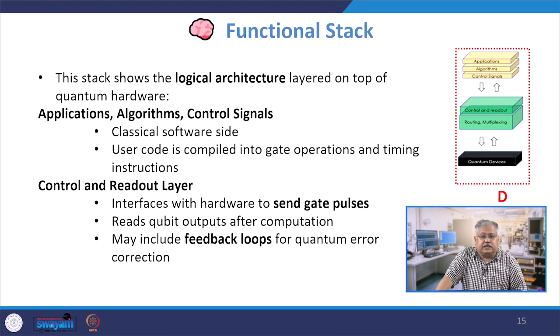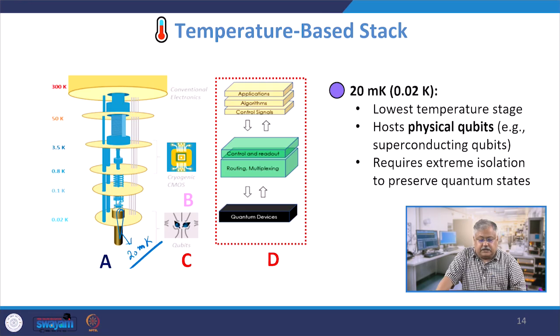Let us look at the functional stack now. We looked into the temperature stack: 300 Kelvin, then going down, 50 to 3.5 Kelvin is the conventional electronics, 3.5 down to 0.8 is where you store certain readout circuitry very close to the qubit, and around 20 millikelvin is the point where you are actually storing the data. So, from milli to 300 Kelvin, there are 5 orders of difference in temperature.